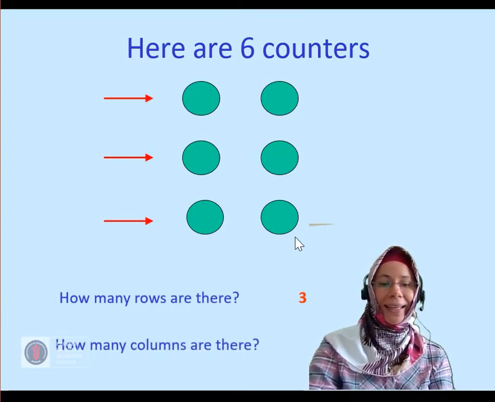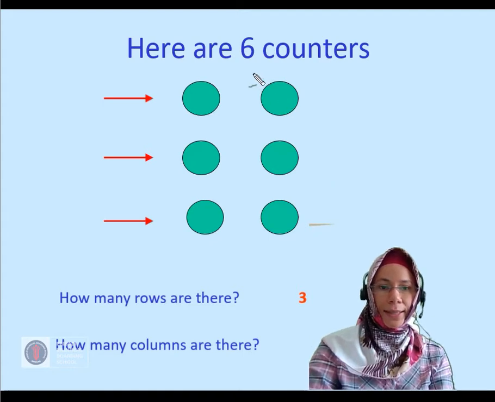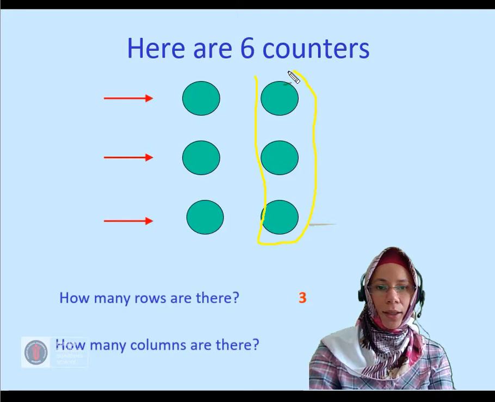So how many columns are there? Let's do it again together. The columns you will make up to down. So let's make a group up to down. This is the first group, and this is the second group.